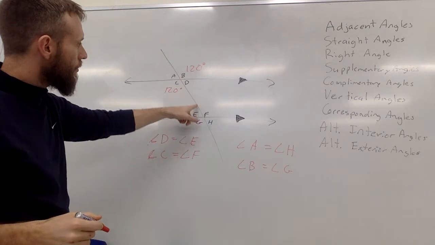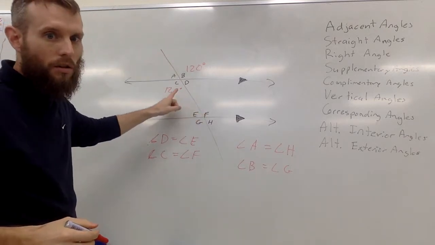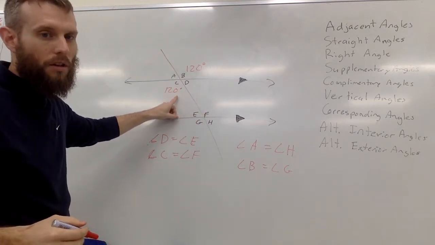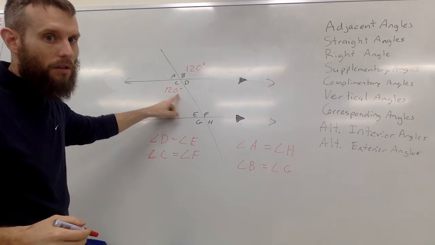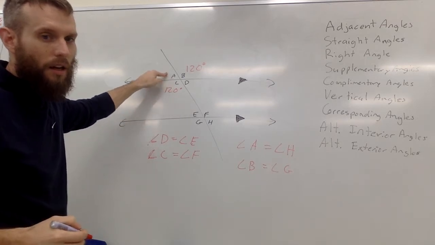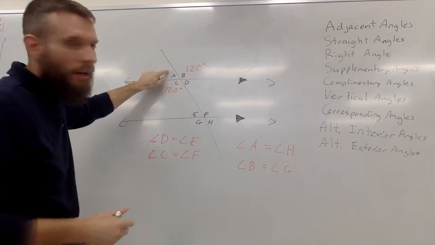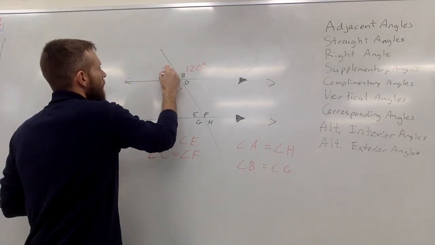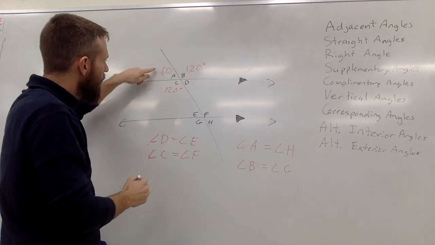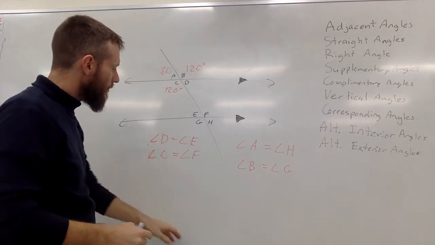We know that this is a straight angle that cuts through here, so if angle C is 120 degrees, and angle C plus angle A has to add up to 180 degrees, then that means angle A is 60 degrees, okay? And then we can go from a number of different places from here.